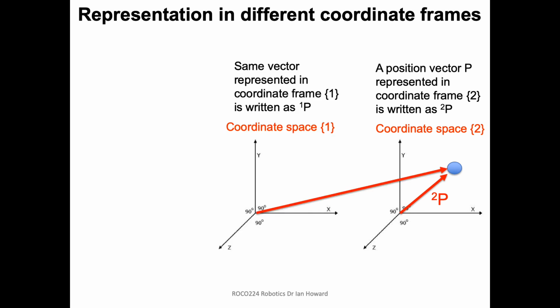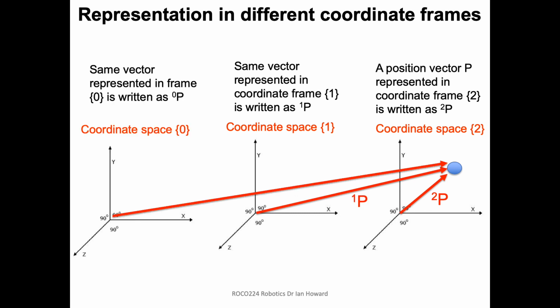It could be that we represent it in coordinate frame 1, which is actually located somewhere else. In this case, the axes directions line up, but they wouldn't necessarily have to. Or it could be even frame 0, and we'd like to know what the representation in frame 0 is. And mapping between those is not particularly difficult, and something that we're going to now look into a bit more in the next couple of lectures.